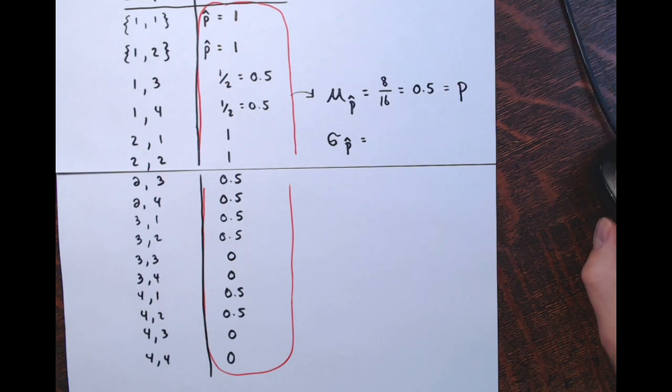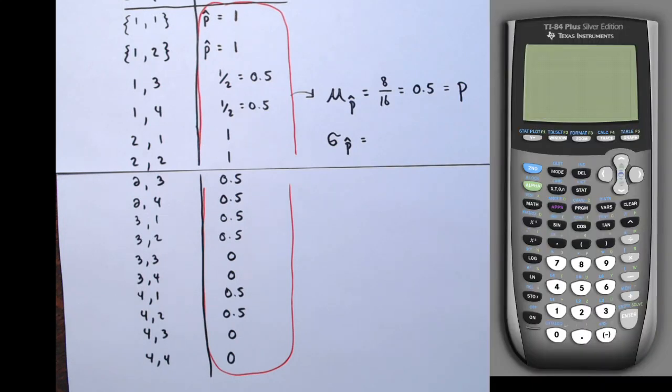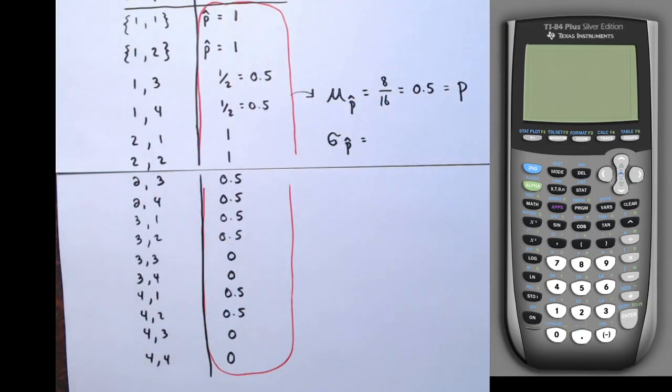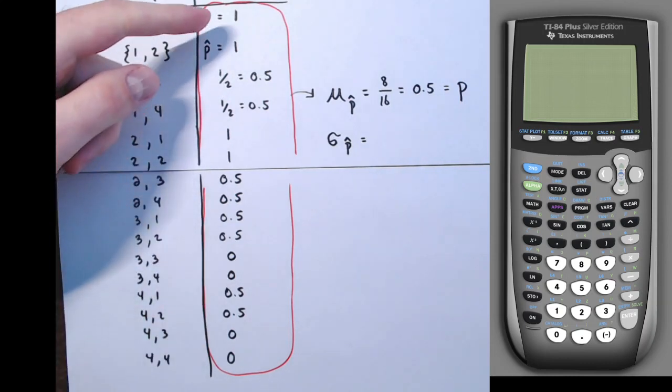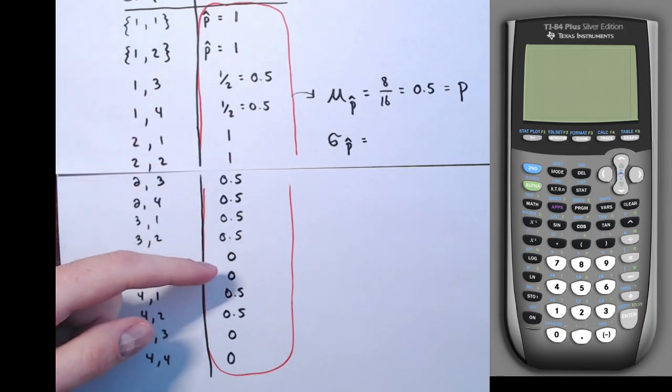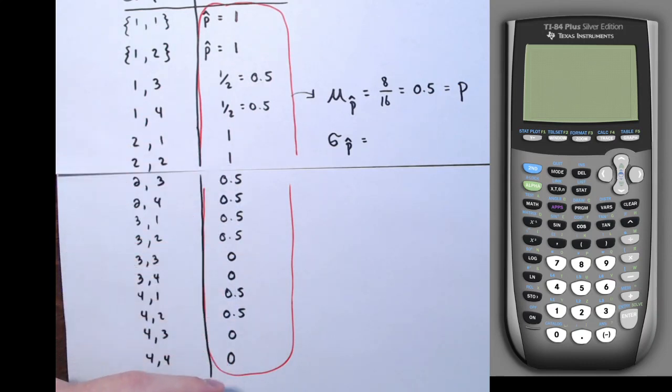Now I'll pull up a calculator. I could take the deviations, subtract the mean from all these, and square them. So I'd have 1, 2, 3, 4, 5, 6, 7, 8 values where it'd be a half or negative half.